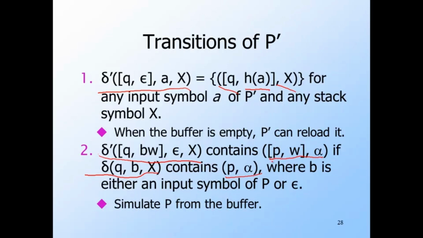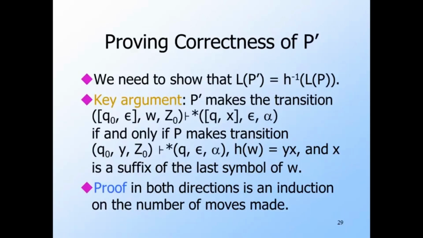That is, B is consumed from the front of the buffer, the state of P changes according to the given choice of P's move, and the stack of P prime also changes in accordance with that given move.